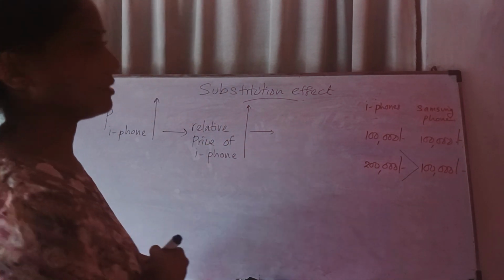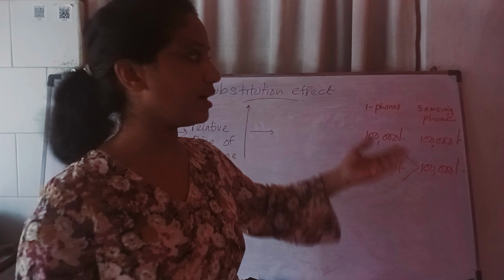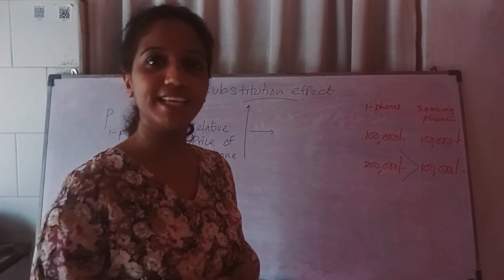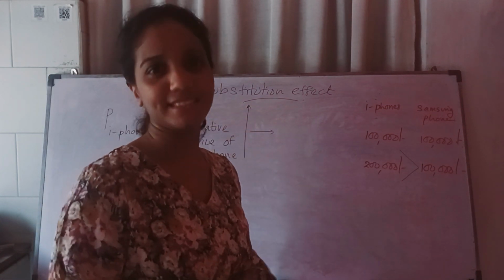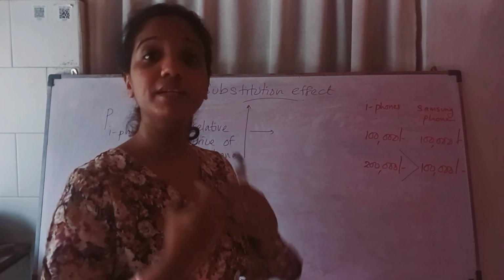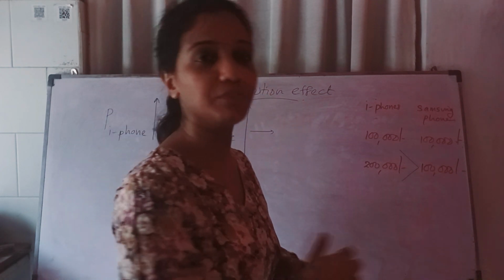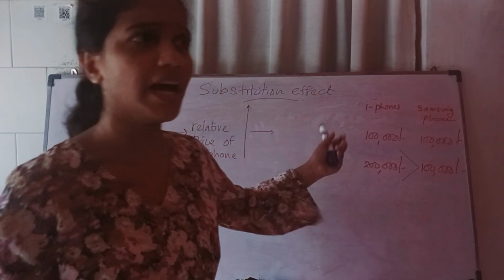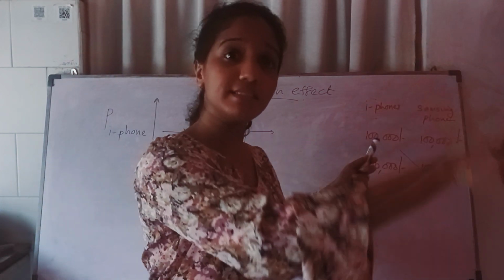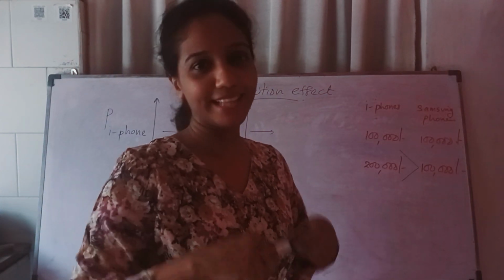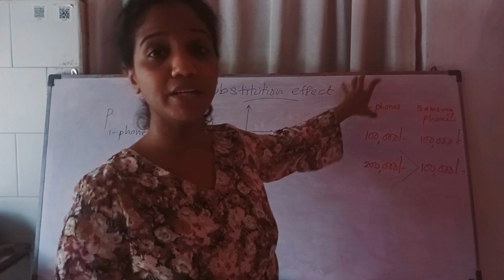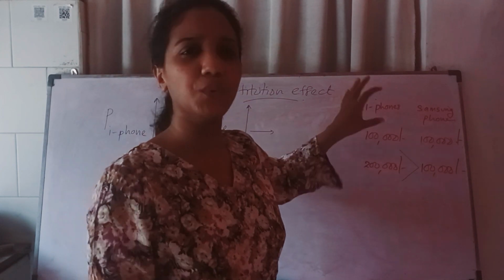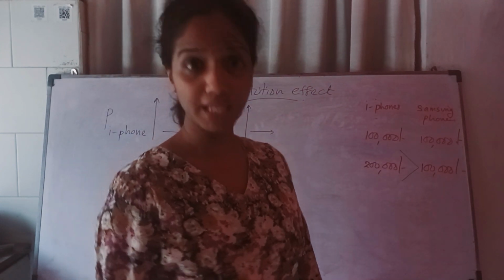Because of that, what happened to the quantity demand of iPhones? It reduces, right? Because people shift to Samsung phones. People who consume iPhones will shift to Samsung phones. Therefore, the quantity demand of iPhones reduces, right?